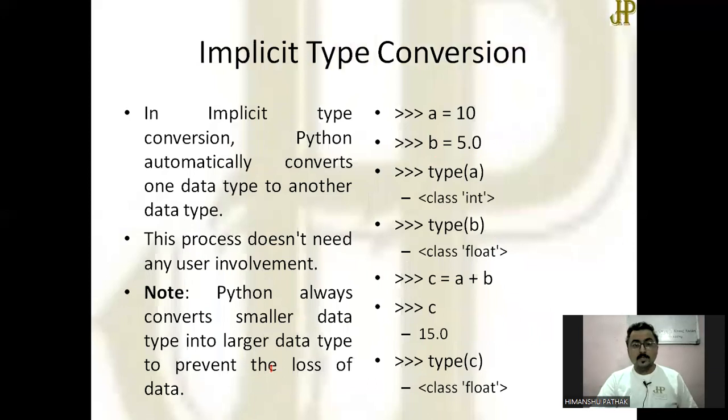So I'm going to discuss implicit type conversion. In implicit type conversion, Python automatically converts one data type to another data type whenever Python thinks that it is needed. So in this process, no user involvement is needed.